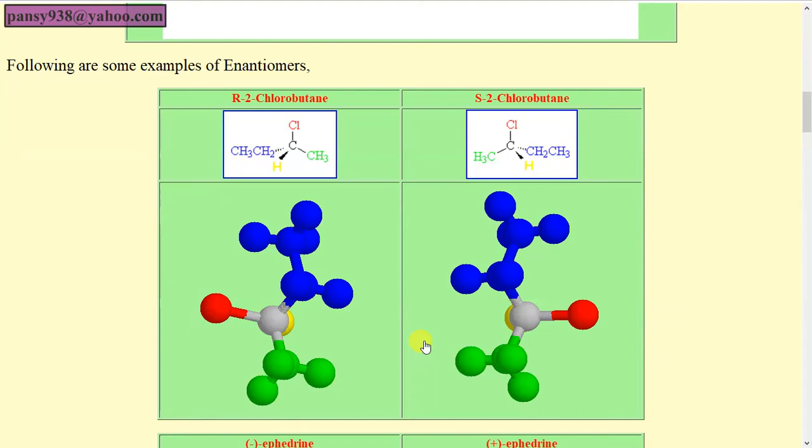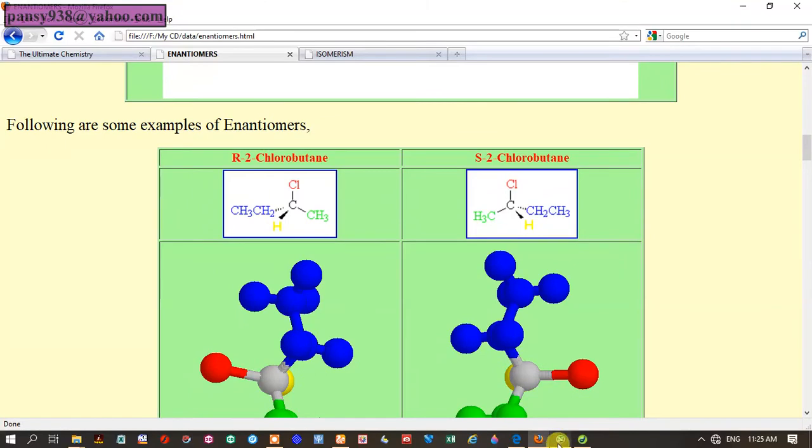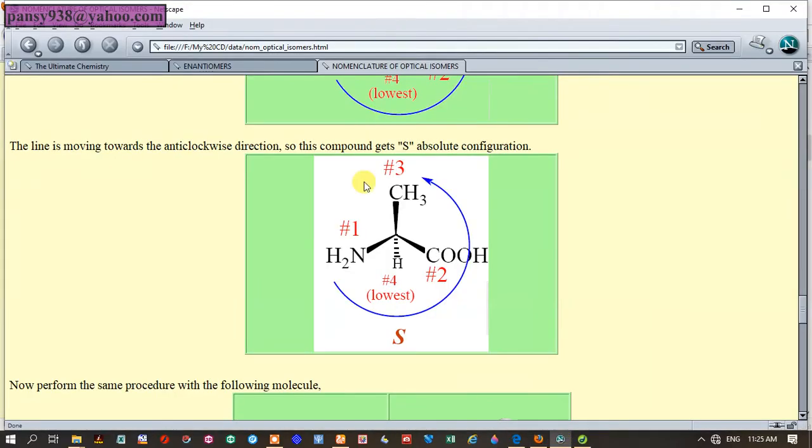For further study of the nomenclature of such isomers, please consult my previous lecture in which we discussed the nomenclature of these isomers.